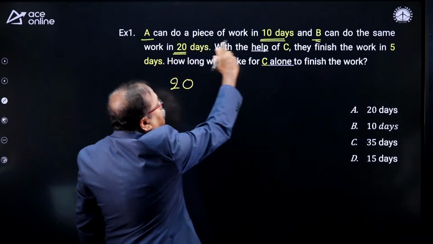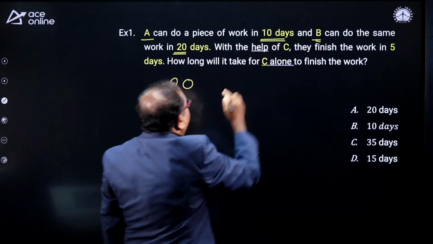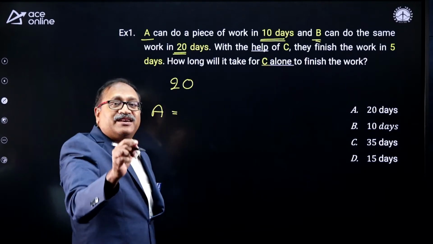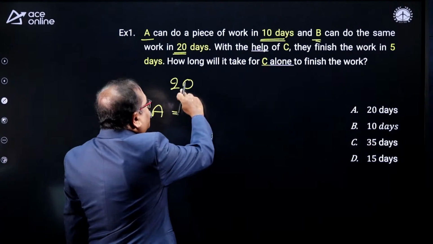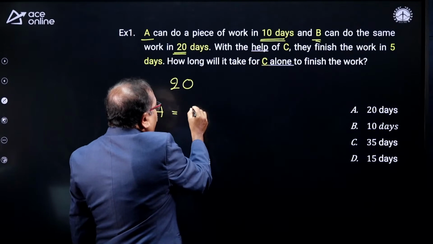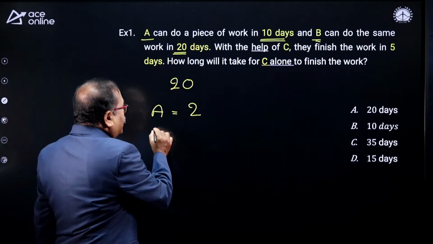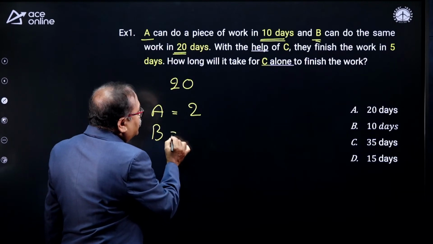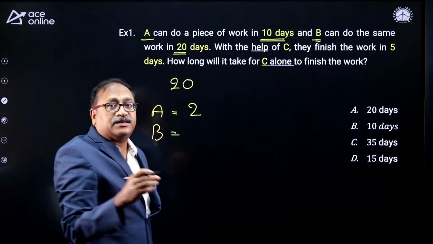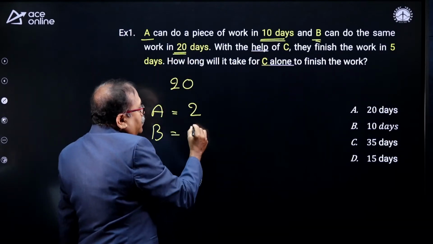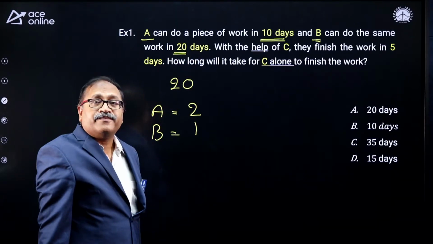Now A can complete these 20 units in 10 days. That means A completes how many units per day? That is 20 divided by 10, that's 2 units. Similarly, B completes the 20 units in 20 days, so in 1 day, 20 divided by 20, that is 1 unit.